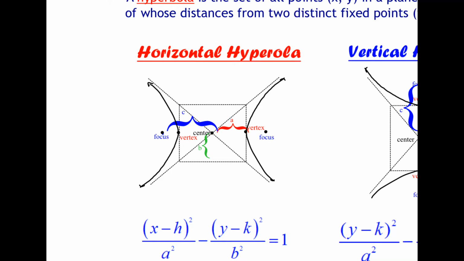And then the distance from the center to, it's not a point on the graph, it's going to help us create this imaginary box that will then help us create the asymptotes for the hyperbola. So the asymptotes, you can see, go through the corners of the rectangle, or the diagonal of the rectangle. And that's what we'll use to help us create the asymptotes.